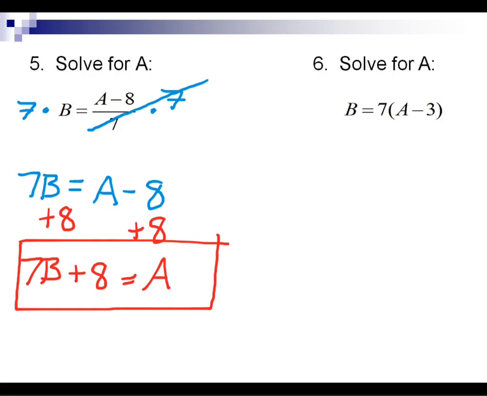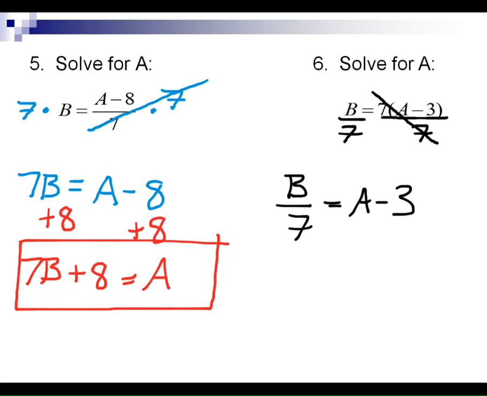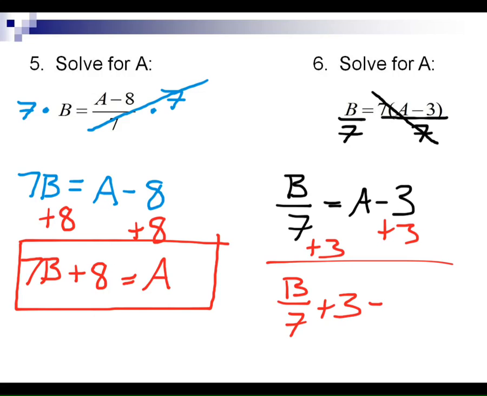So if I undo that 7 times, I can divide both sides by 7. Because when I do that, those would divide out, and I divide this side by 7. So I get b divided by 7 equals a minus 3. And then just to get a by itself at that point, I would add 3, and I get b divided by 7 plus 3 equals a.